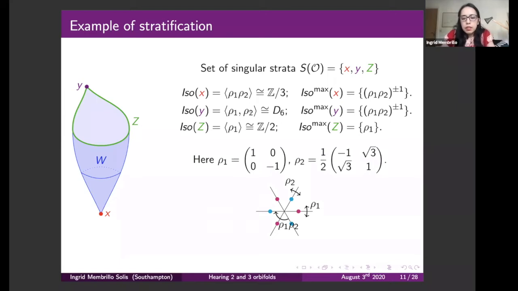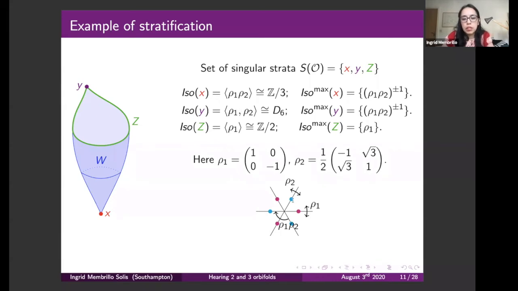Now, the isotropy group of X is just the group generated by the composition of rho 2 and rho 1, which is Z mod 3. And in the case of the isotropy type of Y, it is generated by the two reflections.